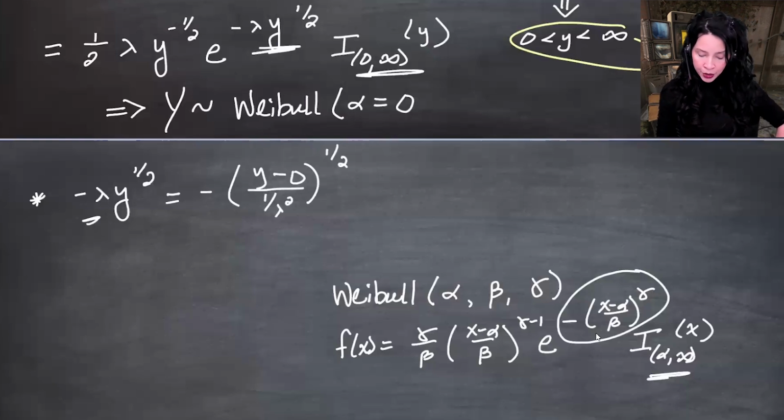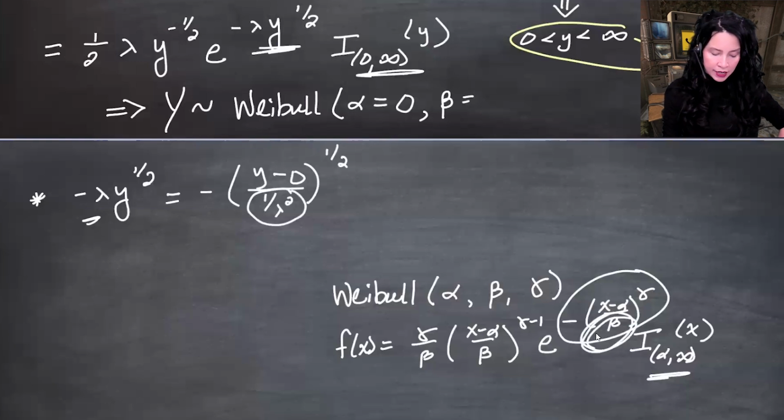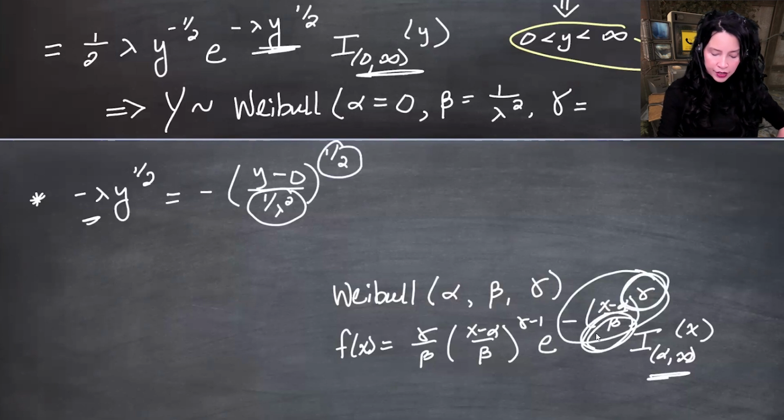So it does appear that my beta in the Weibull distribution, which is right here, this denominator, is 1 over lambda squared, and my gamma, which is supposed to be this exponent here, is 1/2.